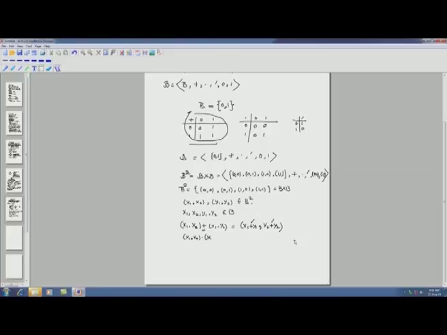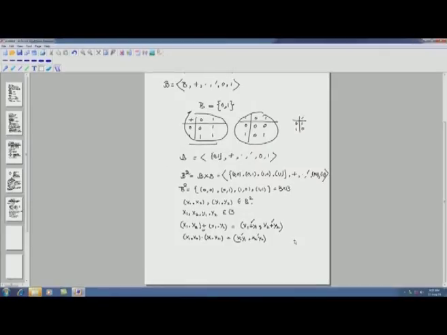Similarly, we can define x1 comma x2 meet y1 y2 as x1 dot y1, x2 dot y2, and we again remember that this meet or dot or product, whatever we say, is same as this one, and we can check that the operations defined in this way follow the rules of a Boolean algebra.